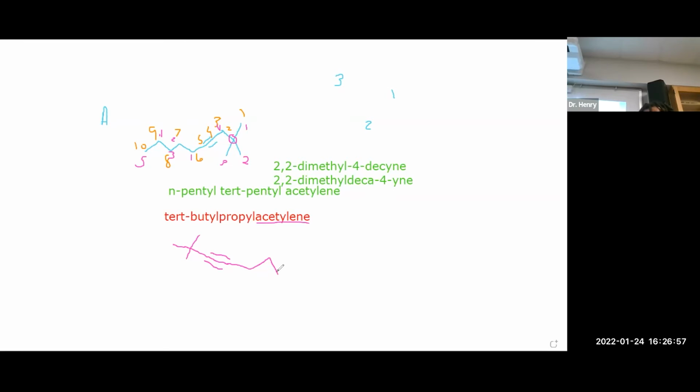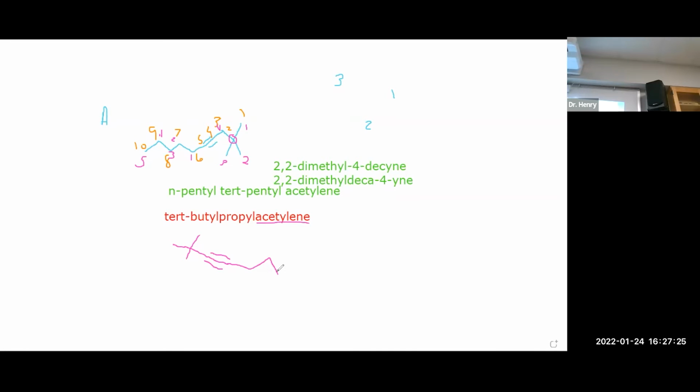Okay, you guys see that? Good question. Will the acetylene always go away from the double bond?